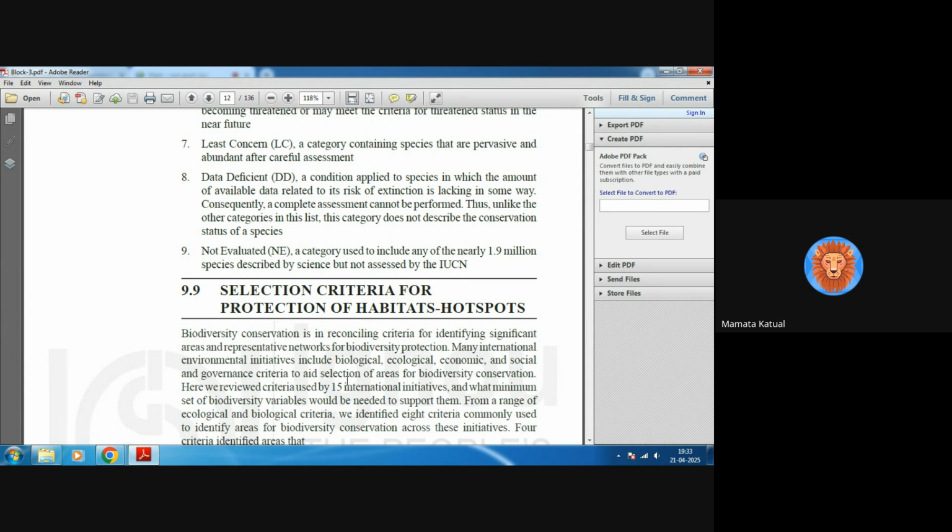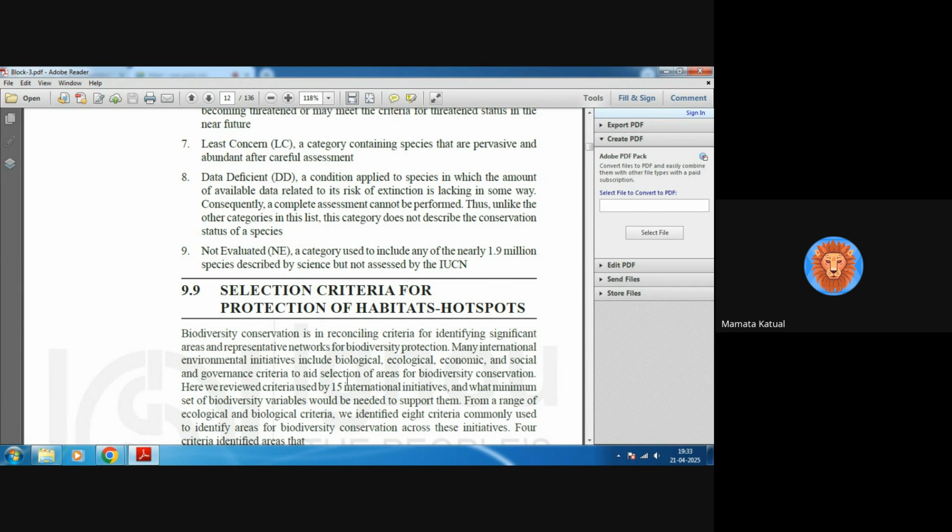These species may be evaluated by scientists in different laboratories, but the assessment as per the criteria of IUCN has not been done for all these 1.9 million species because it is difficult.